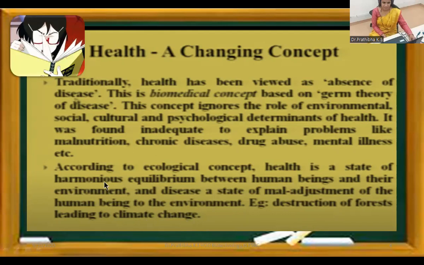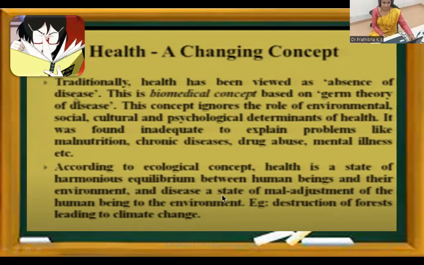You can give the example of this one, and the health definition: a state of harmonious equilibrium between human beings and their environment, and disease a state of maladjustment of the human being to the environment.